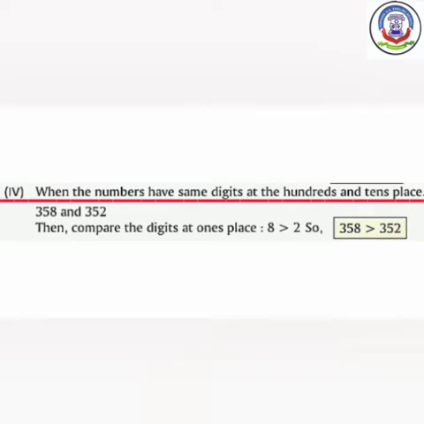Fourth, when the numbers have same digits at the hundreds and tens place. 358 and 352.